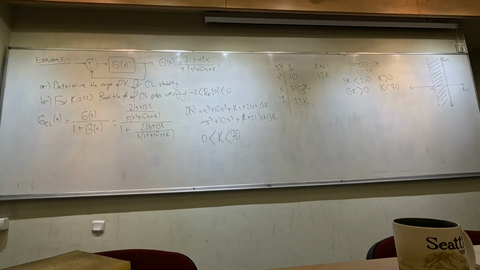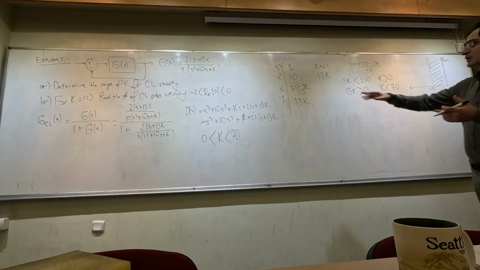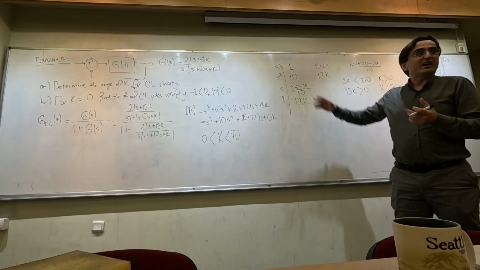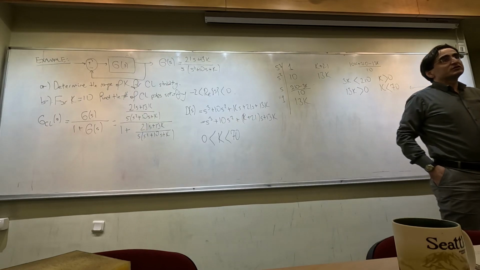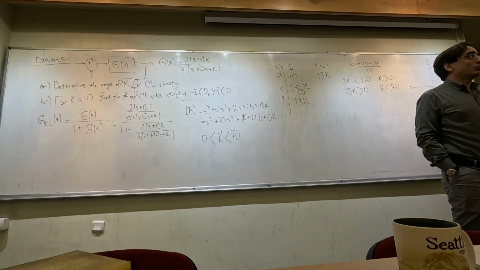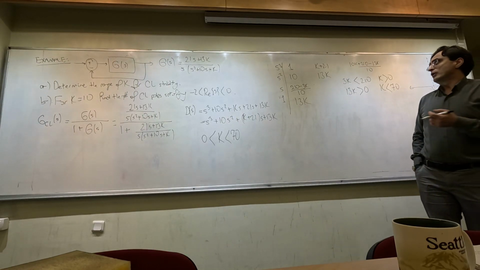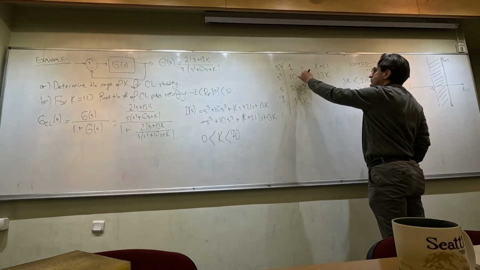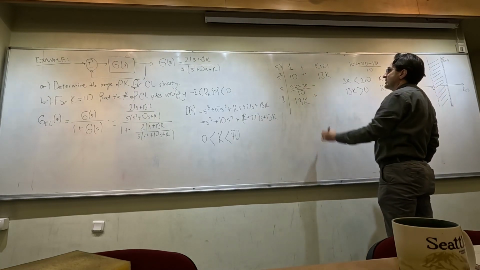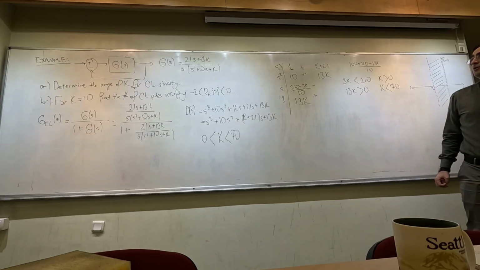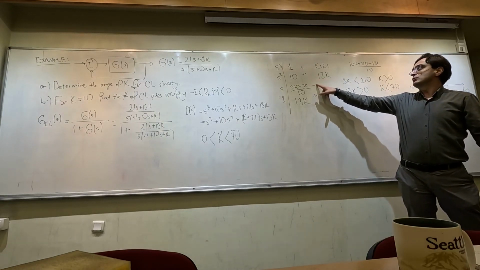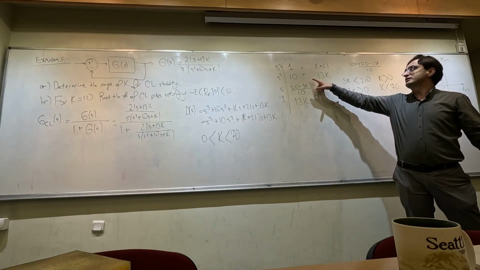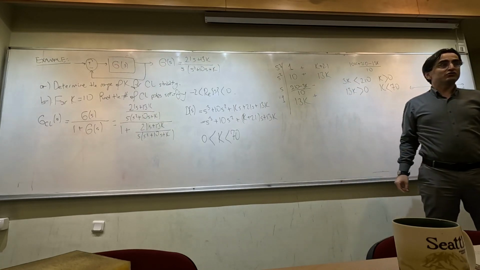So here I know that, for example, we learned about the Routh stability criterion, and sometimes, by the number of sign changes, it gives us the number of roots in the open right half plane. Okay? For example, if these numbers are plus plus, minus minus, and plus, then I know that the number of closed loop poles in the open right half plane is the number of sign changes.